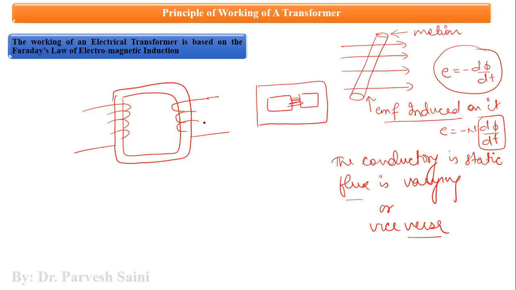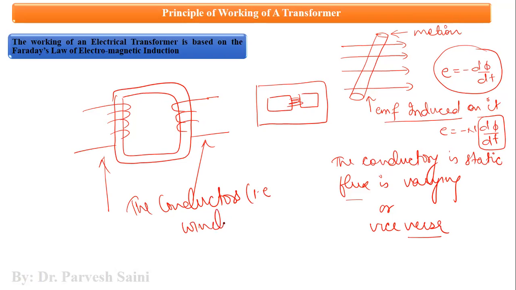But in any case, the conductors, that is the windings, are static. They do not move. We do not have any moving part in the transformer.